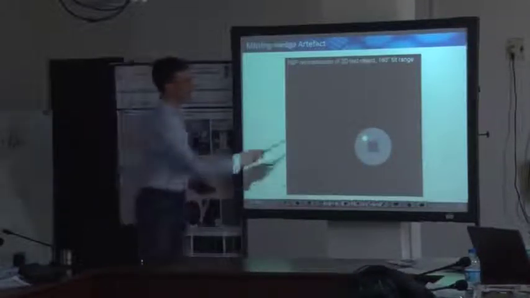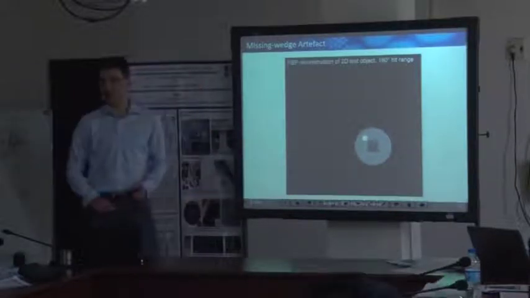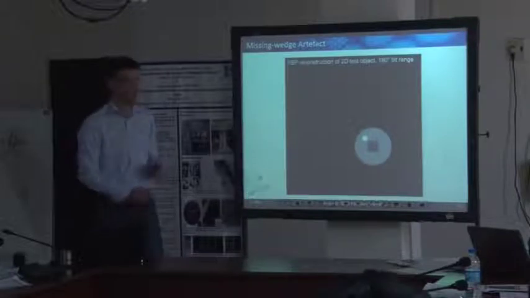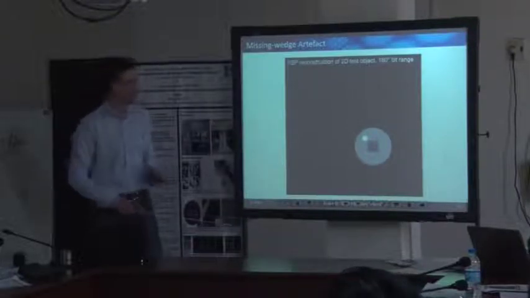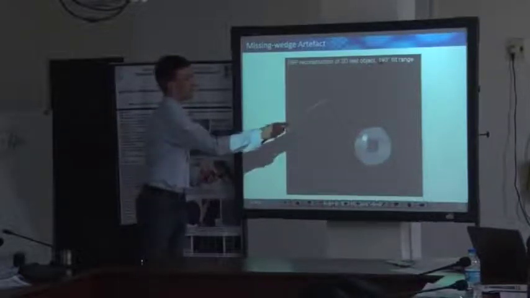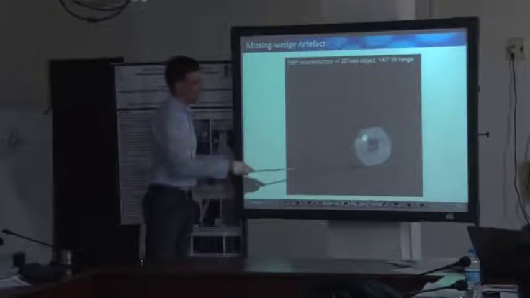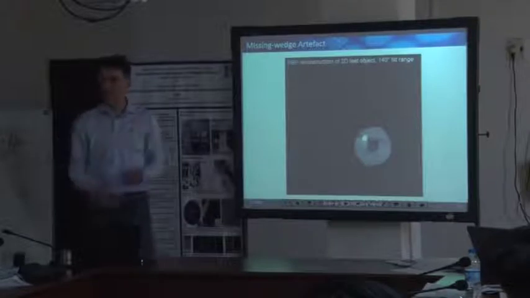And this is for 180 degrees. You see that there are still some artifacts due to the discrete number of projections, but still it's very similar to our object. And now if you remove some, let's say we are able to tilt up to 70 degrees, then we end up with this elongation of the structures and smearing out of information.